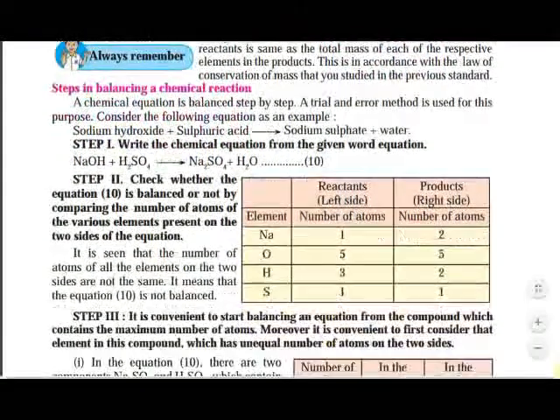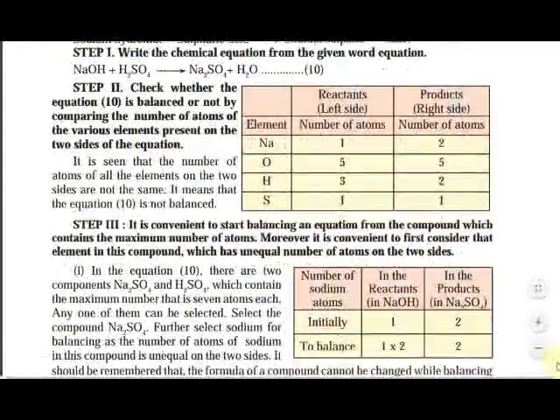Step 2. Check whether the equation is balanced or not by comparing the number of atoms of various elements present on the two sides of the equation. Here, everything is given in the table. Just now we have seen: on one side the number of Na is 1, and on the product side the number of Na atoms is 2.